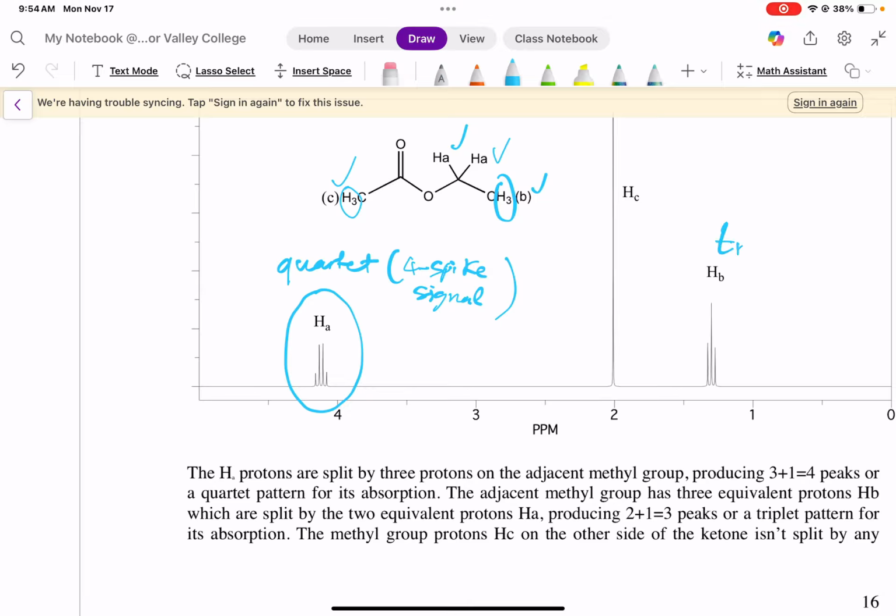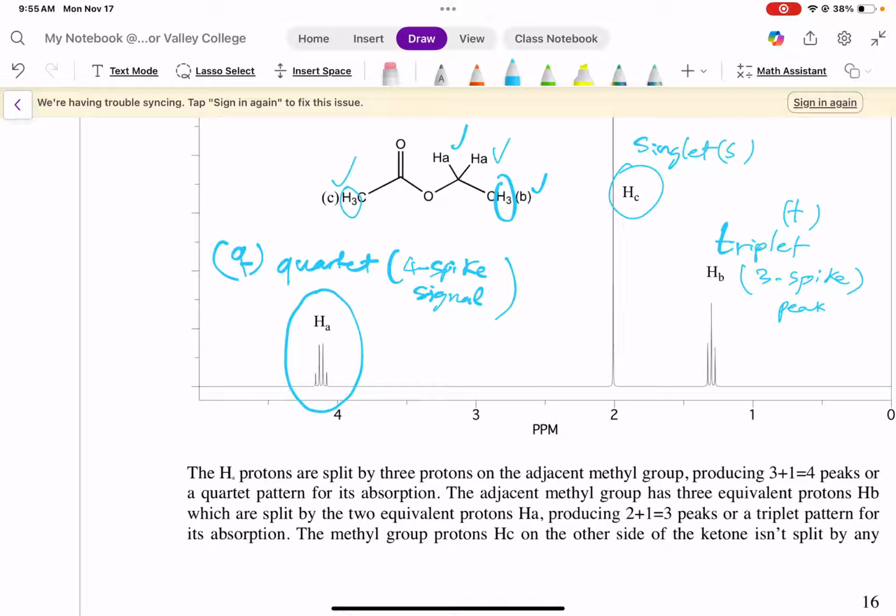This is a triplet. That's a 3-spike signal or peaks. Okay, and then you got HC. It's just a single one. It's called singlet. S, triplet is T, quartet is Q.